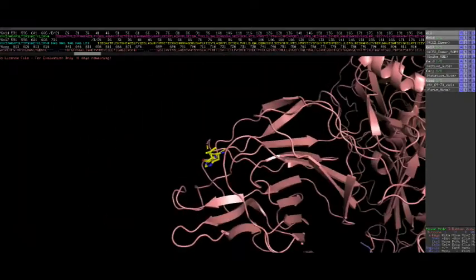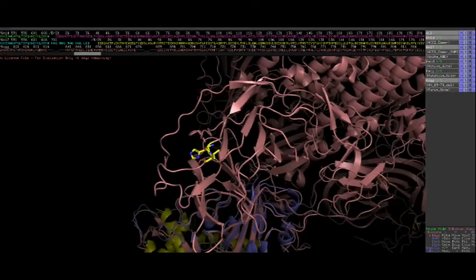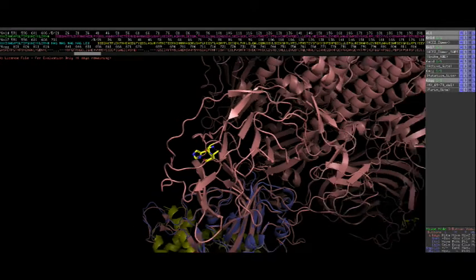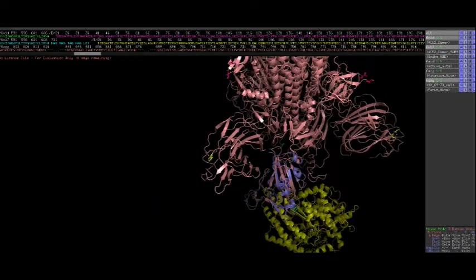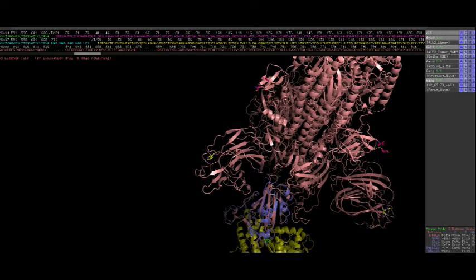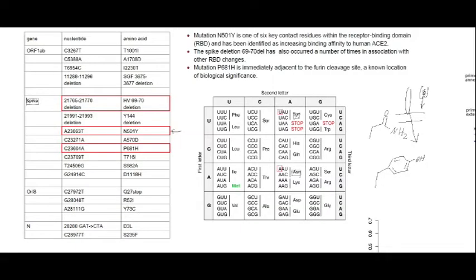And so these would be deleted, and it would just shorten the actual protein or the amino acid sequence, the polypeptide, by 2 amino acids. Nothing is being replaced there. It's just a deletion.